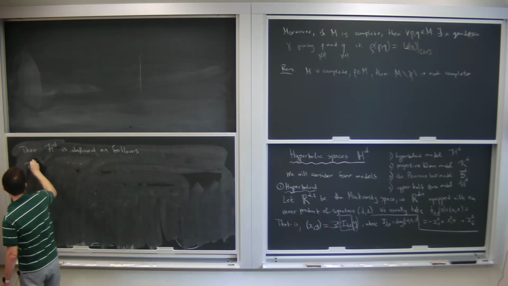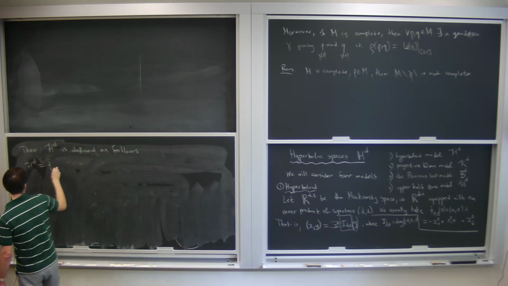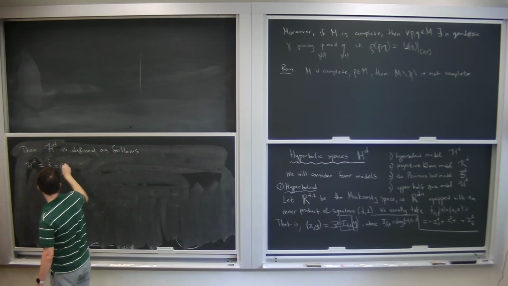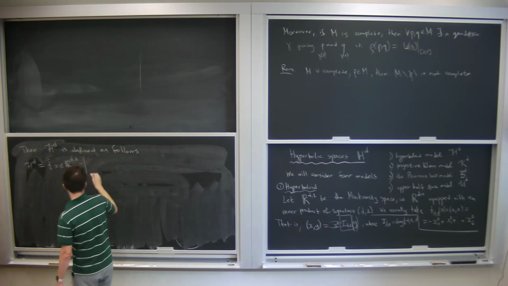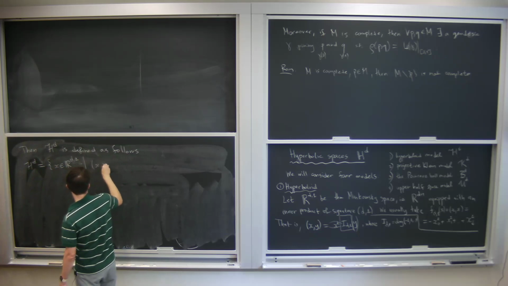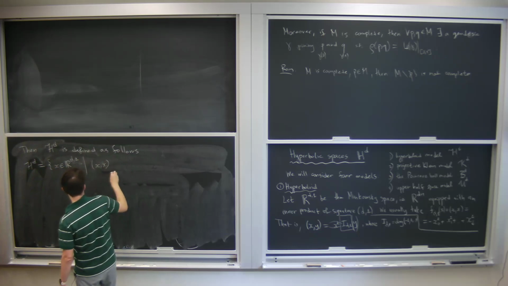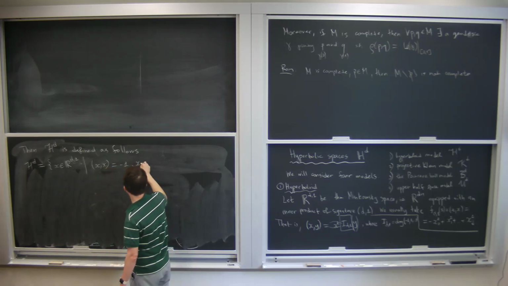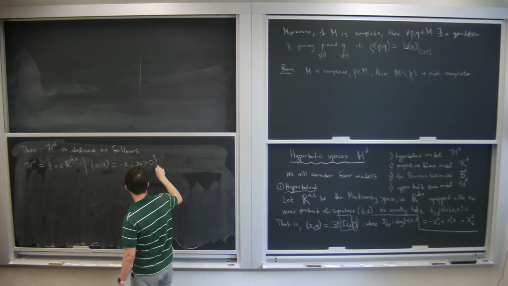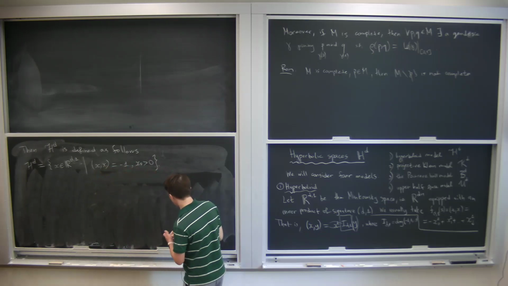We take the points x in R^{D,1}, in the Minkowski space, such that the scalar product of x with itself is minus 1, but I want to take also the connected component of this.